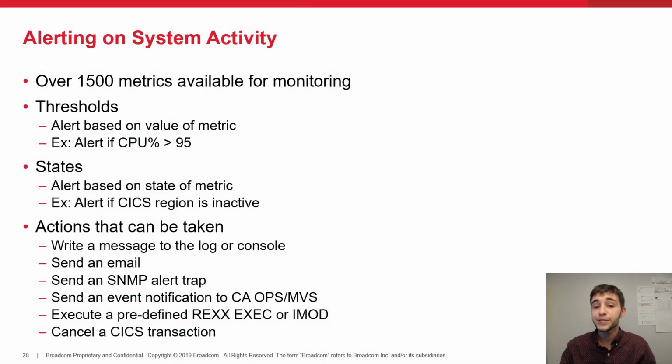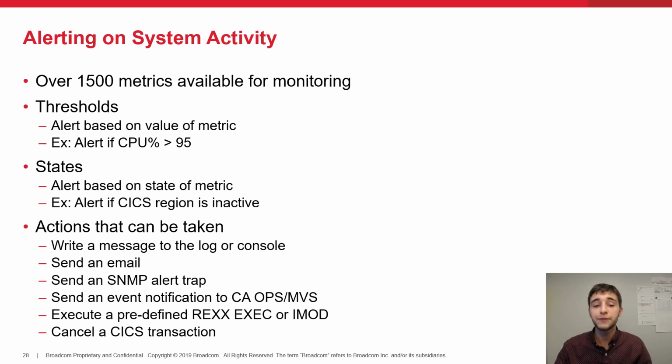One of the main purposes of SYSVIEW is to alert you when something bad is going on with your system. Throughout the data collection process, over 1,500 metrics are collected and available for monitoring. As mentioned previously, SYSVIEW allows you to create custom thresholds in order to define what values should be considered problematic.